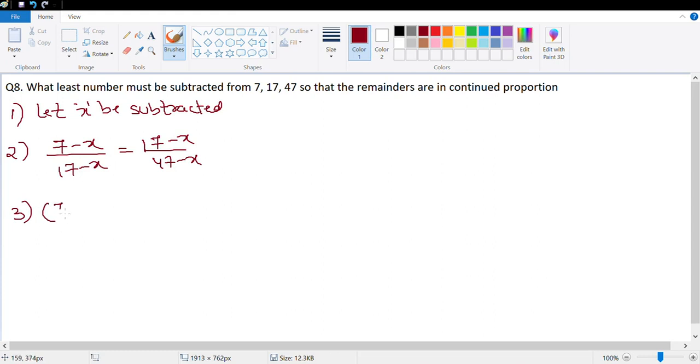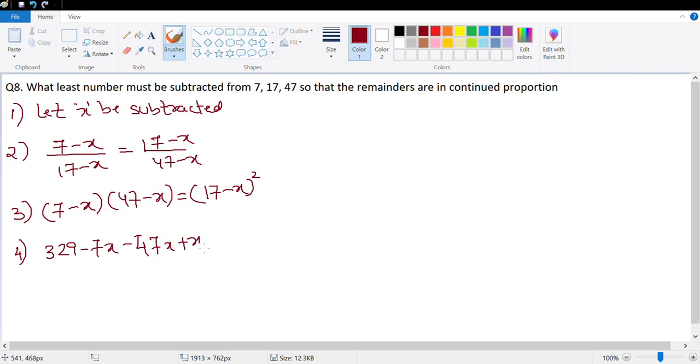What we have is (7 minus x) multiplied with (47 minus x) is equal to (17 minus x) the whole square. So 7 into 47, that's 329. So 329 minus 7x minus 47x plus x square, equals 17 square, that's 289, minus 17 into 2, 34x, plus x square.